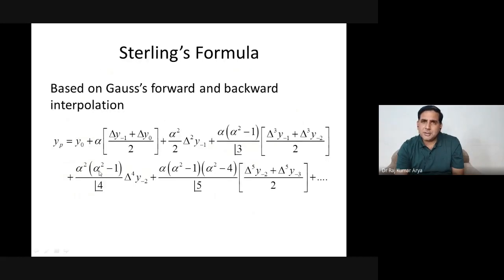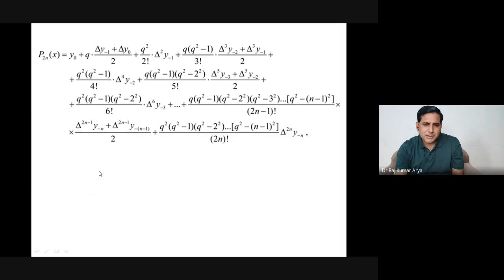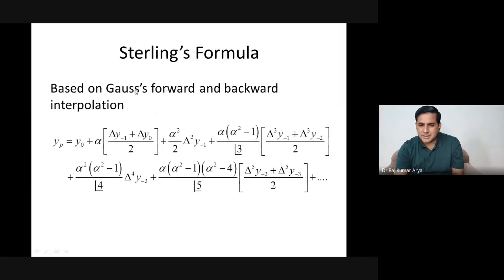Now your class time is over. So we will explain this in the next class, Stirling's formula also. Stirling's is another technique to calculate interpolation. This is calculated based on Newton's forward and backward difference, and practically you are taking the average of them.